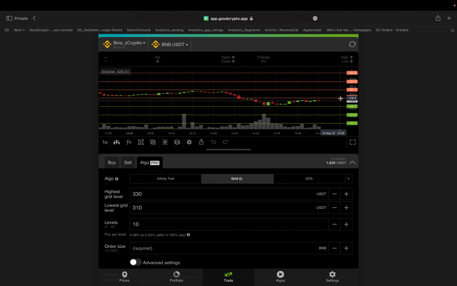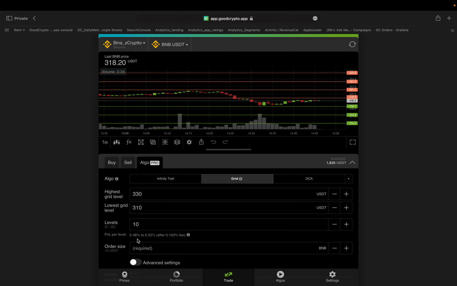The distance between those prices is measured in percentages, and for your convenience, we actually show it here. So in this case, roughly, if the grid buys here and sells here, you're expected to make 0.5% P&L relative to the value of your single order.